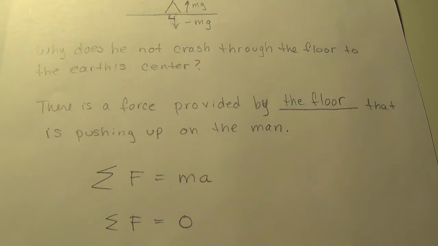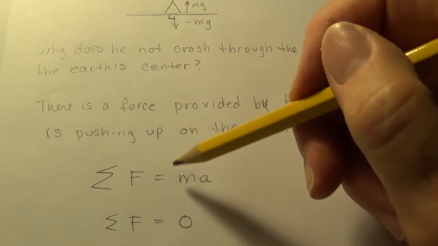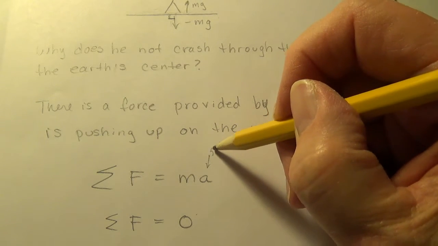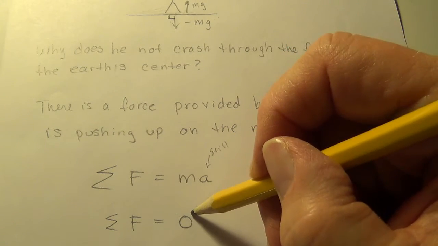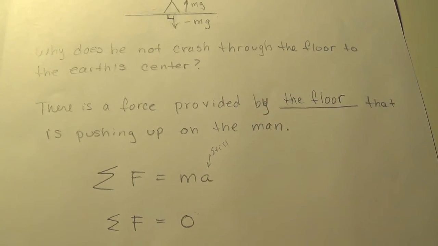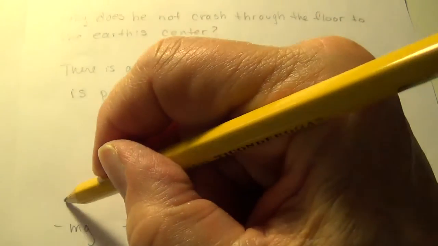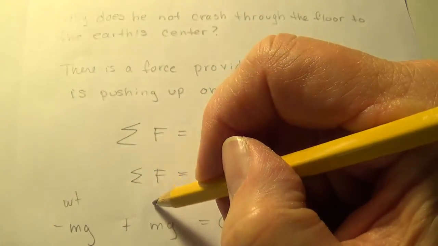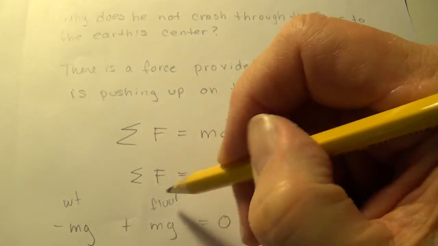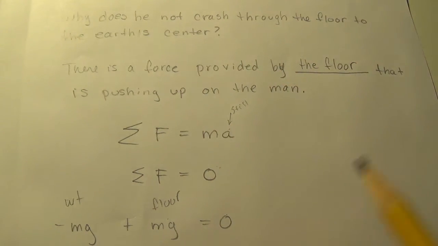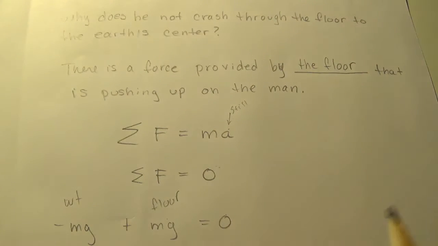The man is not going up or down, he's not accelerating, so the sum of the forces must be 0. So the force downward from the weight and the force upward from the floor must be equal to get 0 because there's no acceleration. So there's no net force.